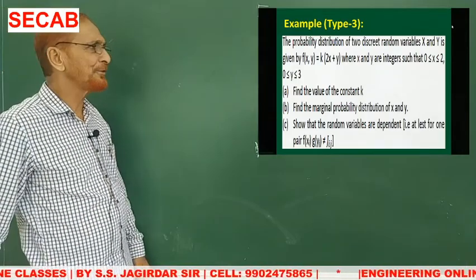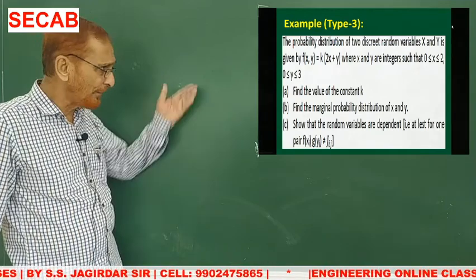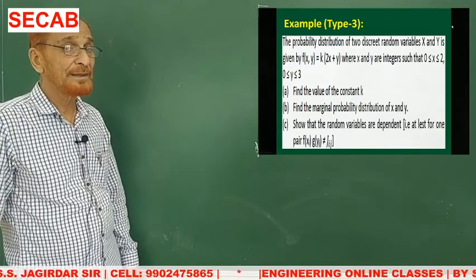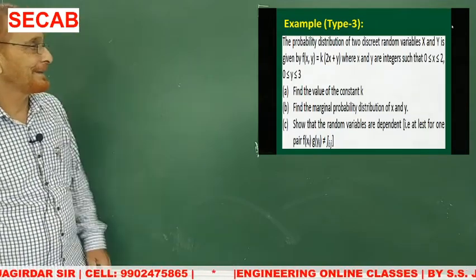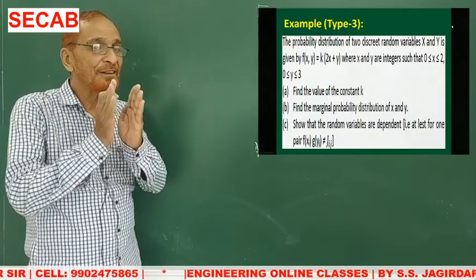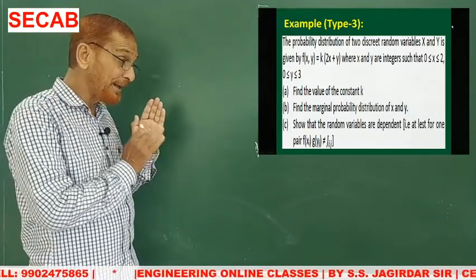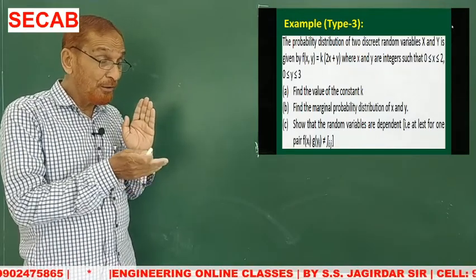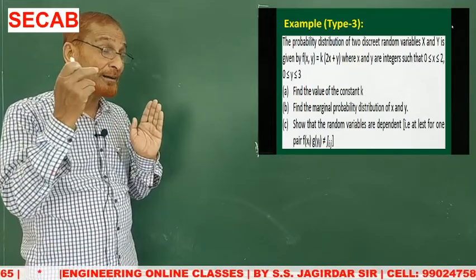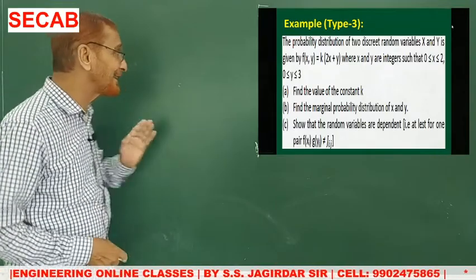The probability distribution of two discrete random variables x and y is given by f(x,y) equal to k(2x plus y). Here, first thing, the joint probability table is not given. But how the joint probability values are related to the single random variables is given in the form of a function.